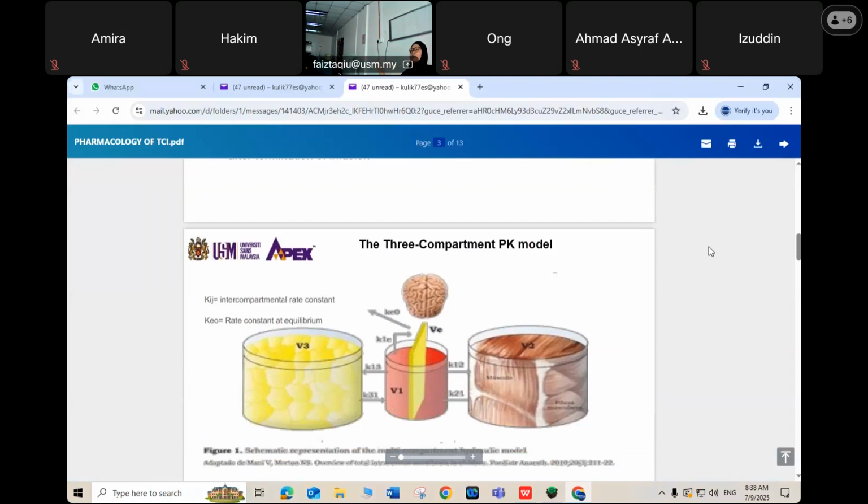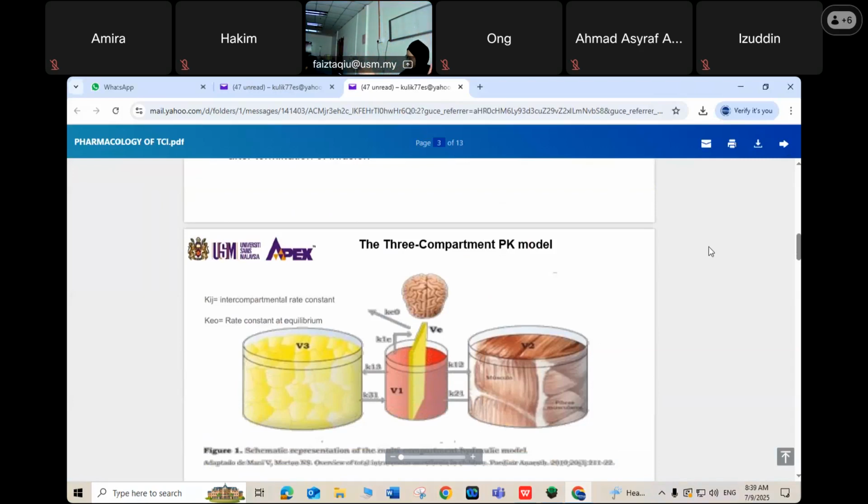If you use only the plasma target, then it will just be simple. The calculator already knows: now we are at 3, if I give this much, this much is what I will need to bolus. So it doesn't need to consider KEO. Only K12, K13, K31 and K21.